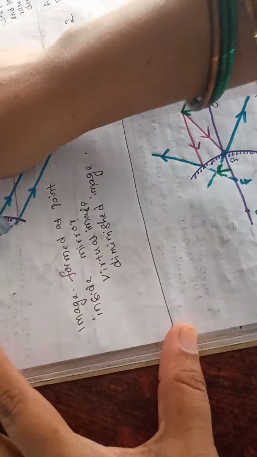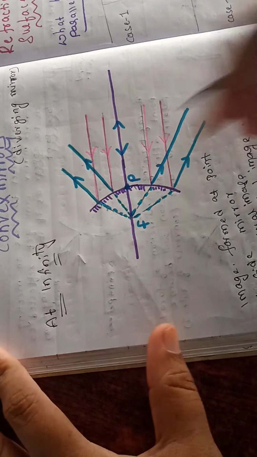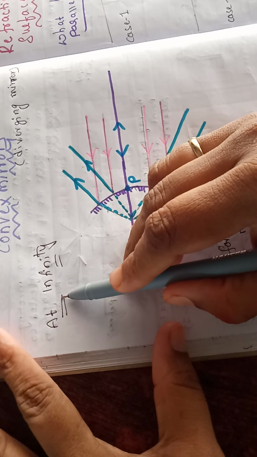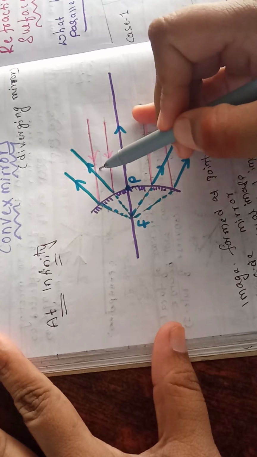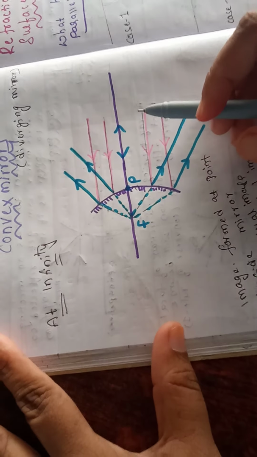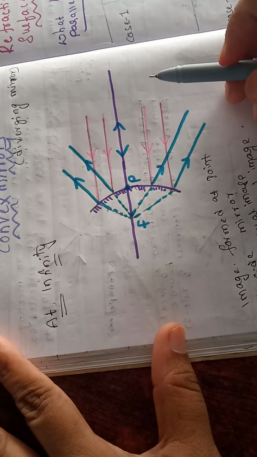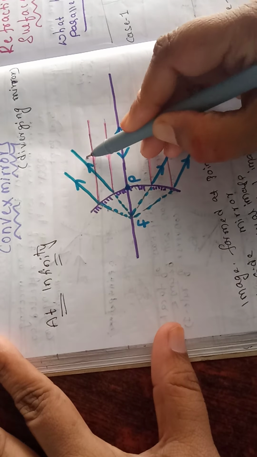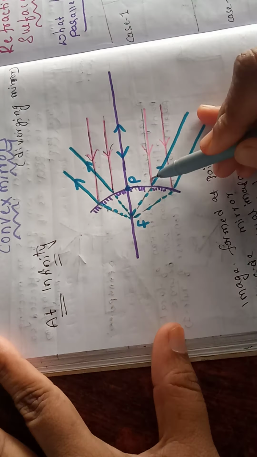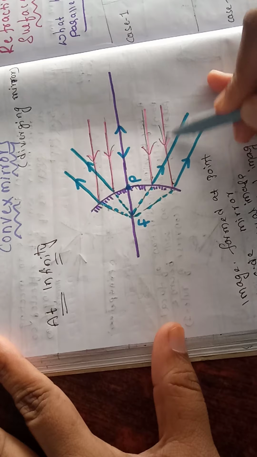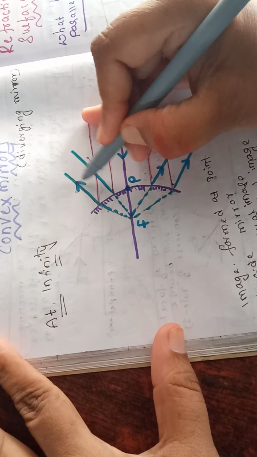Okay, so this is about the characteristics of your image in case of concave mirrors. Now similarly in case of convex mirror, only two cases here we will discuss. One is when the object is at infinity. So these are the rays coming from the object which is at infinity, right? Now these are the rays, this pink color. Now these are diverged.